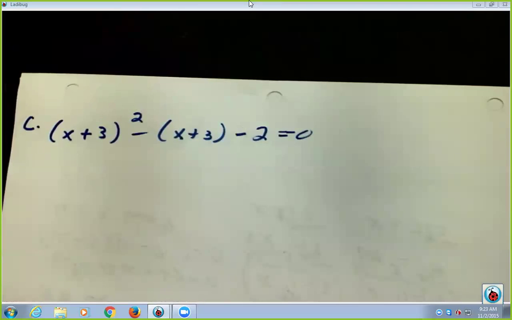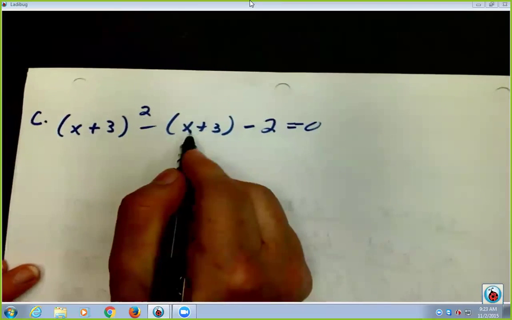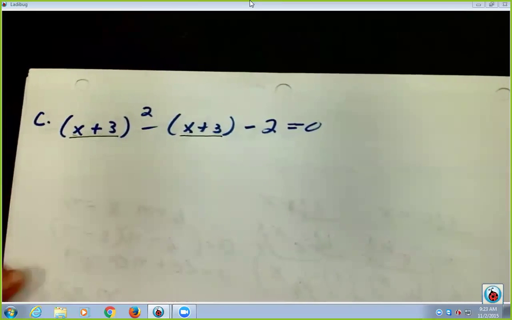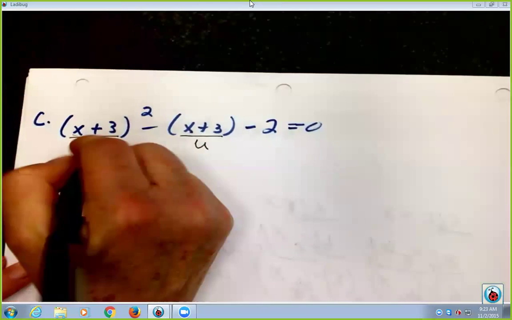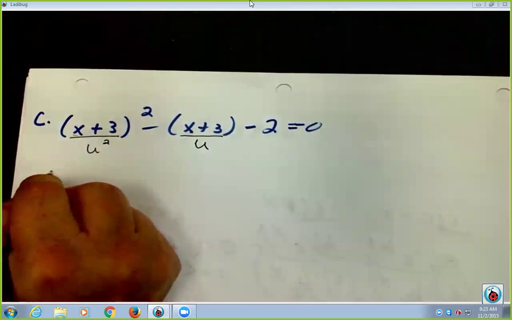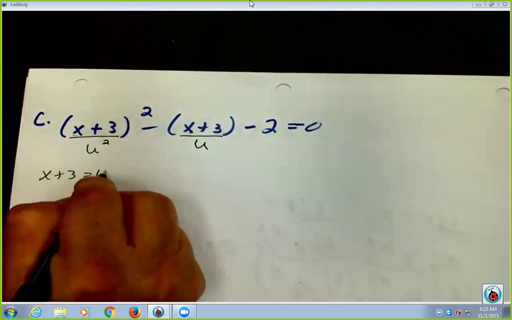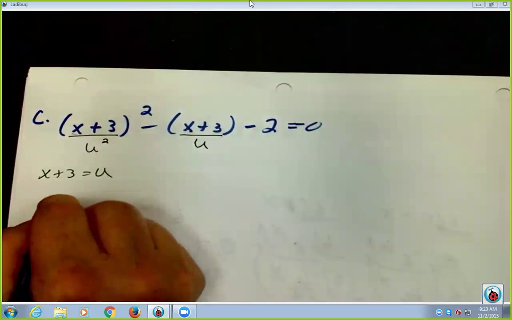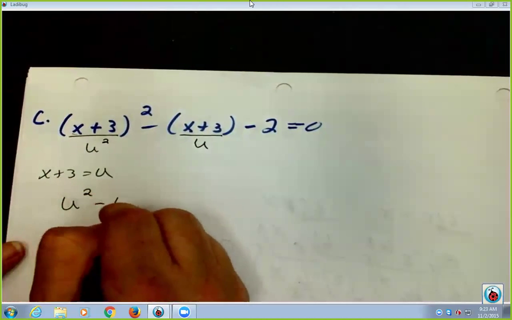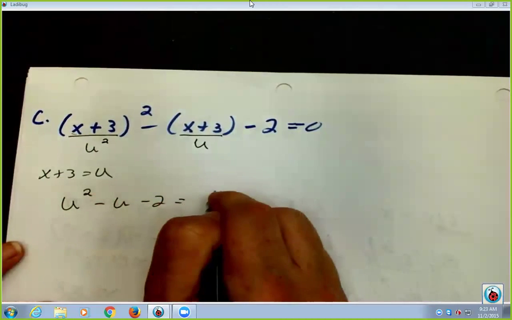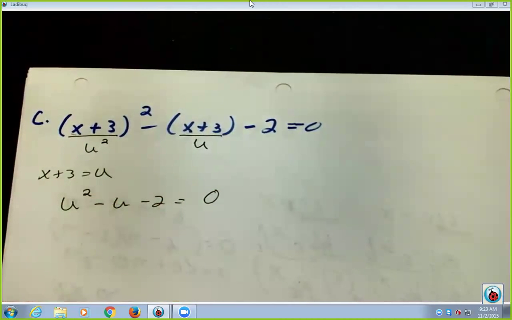So in type 3, I've got a whole piece that's making u. So when I replace these, x plus 3 is what u equals. So now I have u squared minus u minus 2 equals 0.